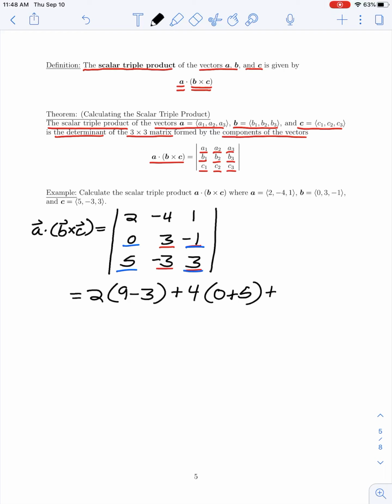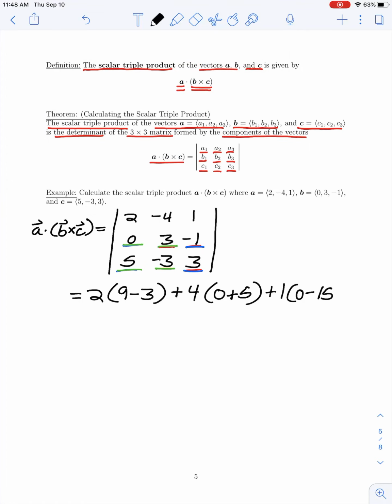And then I would add the third entry along my first row, which is 1, times the determinant of the 2x2 submatrix I'm left with after deleting the first row and third column, which would give me 0 times -3, which is 0, minus 3 times 5, which would be 15.